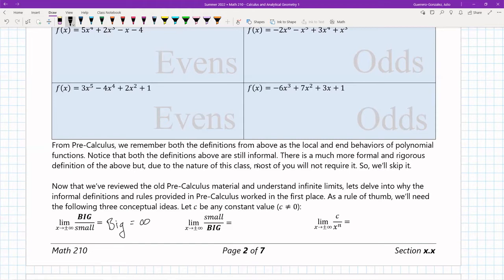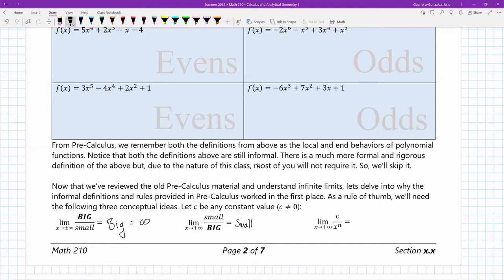Okay. For the next one, it's the same idea. So suppose you have something small being divided by something big, and the x value is getting infinitely bigger, either positive or negative, right? So if you have something small being divided by something big, okay, then this right here is going to end up becoming very, very small, right?